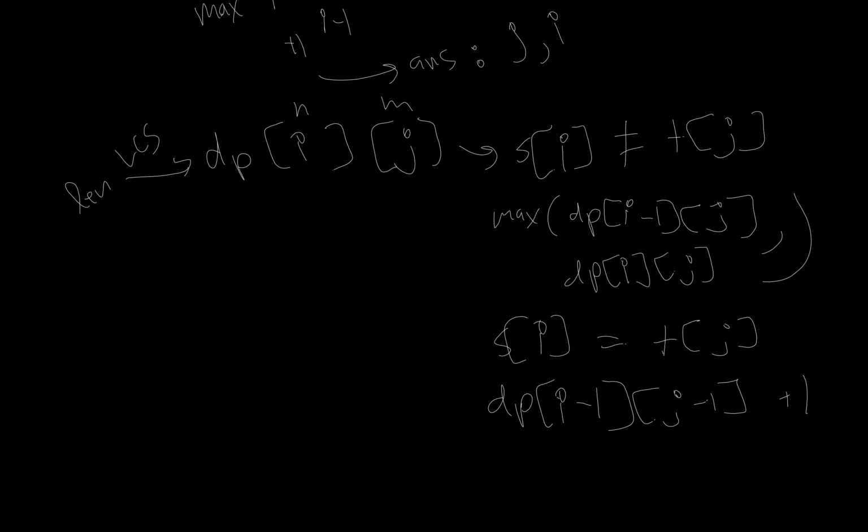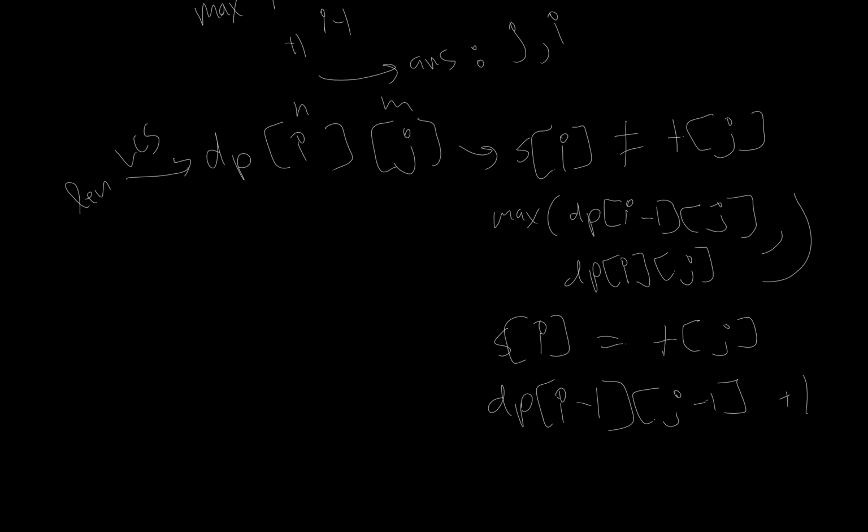Because we know for sure that whatever's happening before, if these last two are equal, for sure we'll have them in the last subsequence, right? Because let's say J is the same as I minus 1. It still doesn't matter. It's still a +1.